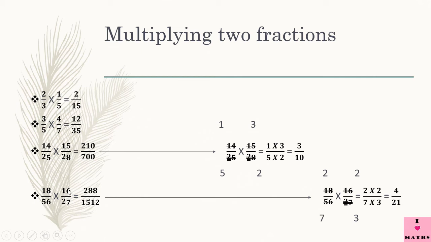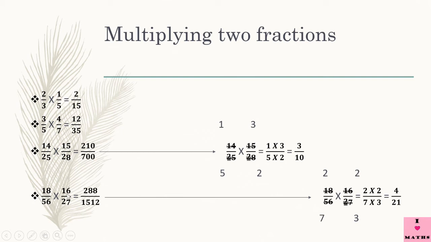Also, this numerator and this denominator come in the table of 2. They also come in the table of 4. They also come in the table of 8. So we can simplify this numerator with this denominator also. But remember, either we will cancel this pair or we will cancel this pair.